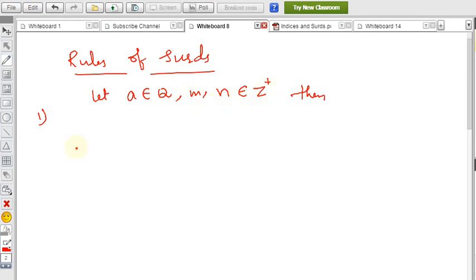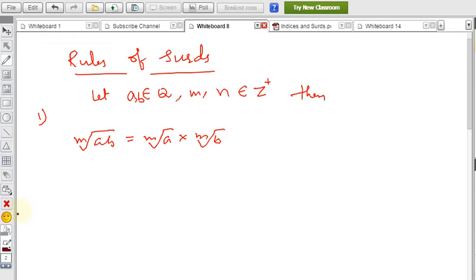Then you can take a, b also, like the previous rules. Then mth root of a into b is mth root of a into mth root of b. We can split this.